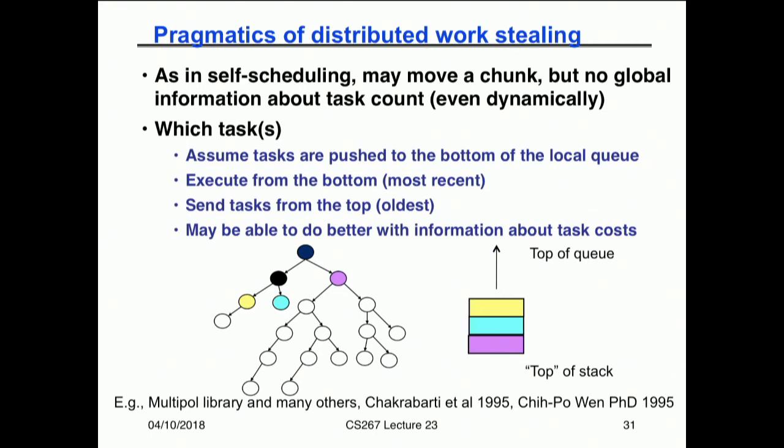So the point is that whether you're executing a task locally, or you're sharing, or you're stealing one for a remote processor, or even sending it to a remote processor, you have a different choice of which is the best task. So you typically want to always execute the most recent one, because if there is any locality between your tasks, you want the locality that comes from the parent task to the child task, or even from a sibling task, that would be sitting at the top of the stack right here.